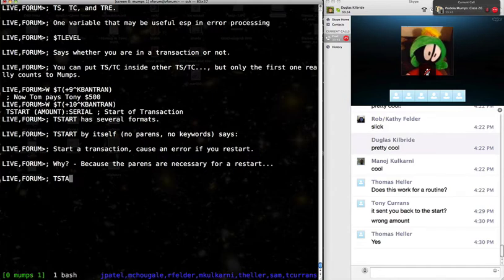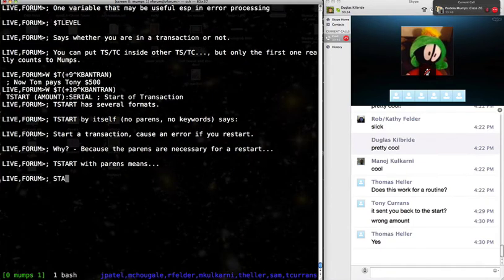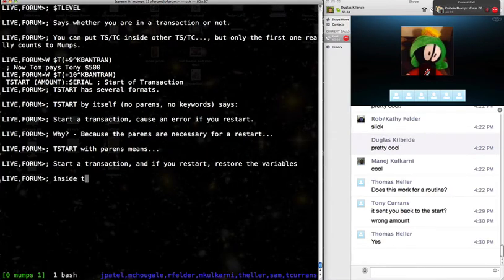So TSTART with parens means start a transaction, and if you restart, restore the variables inside the parentheses when you restart.